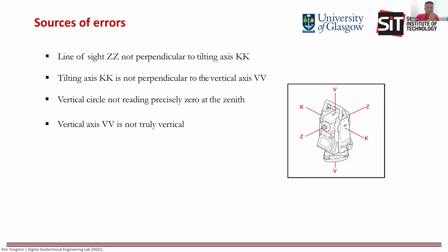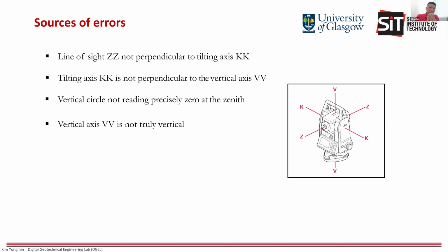And second is the tilting axis KK is not perpendicular to the vertical axis VV. It means the instrument itself has some problem, or when you do the setting up, it is not level. The instrument is not totally level.